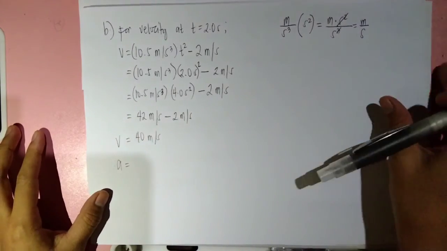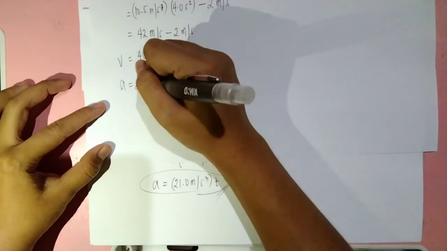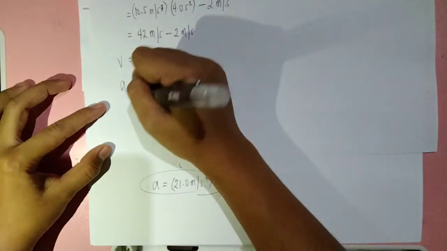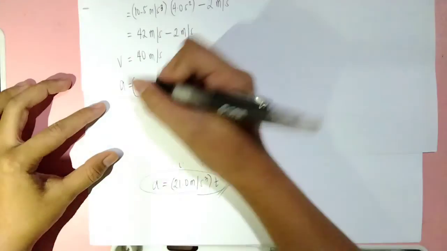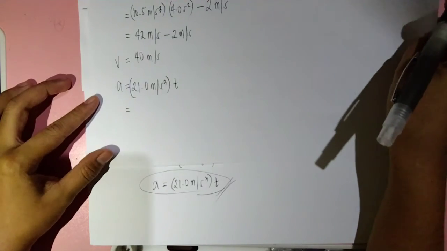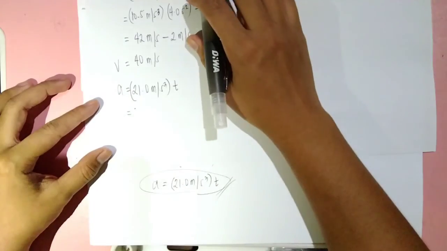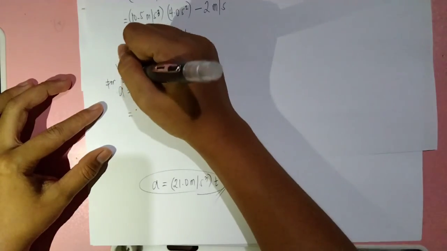Acceleration is 21 meter per second cube at time t. So substituting, sorry, I forgot to write this one.